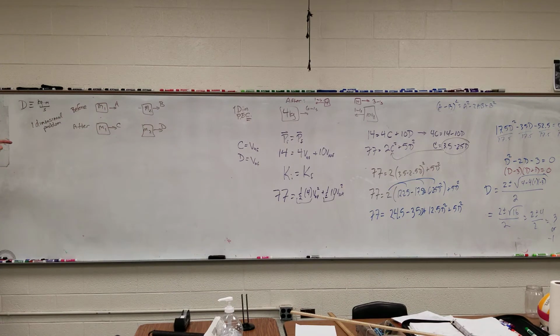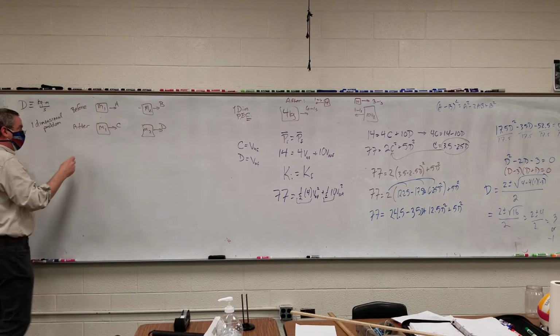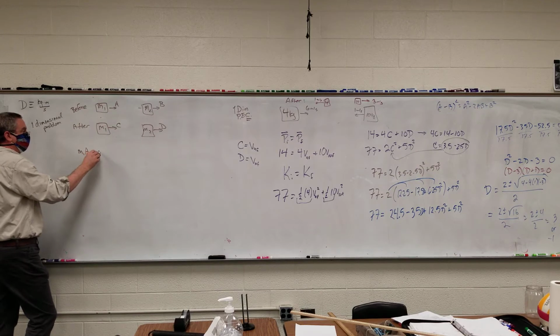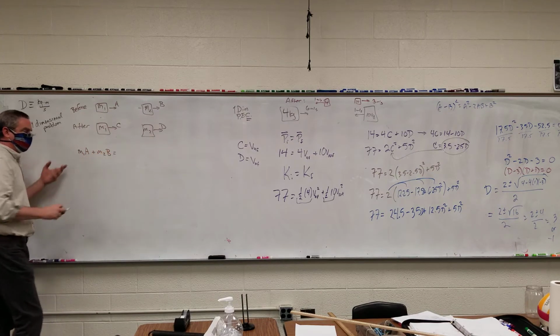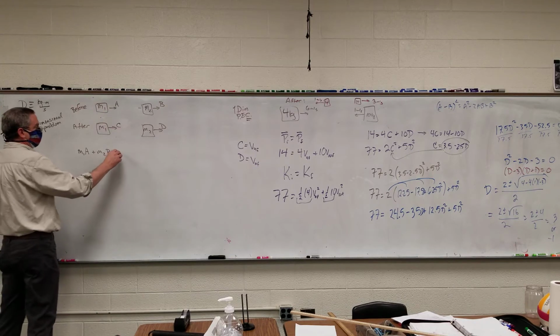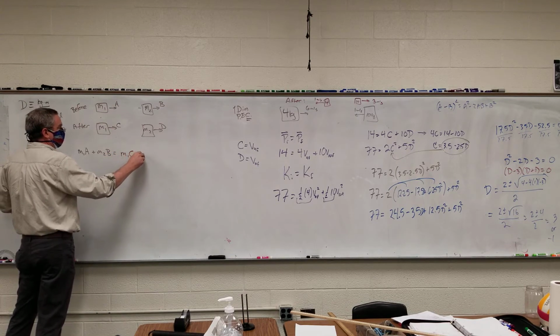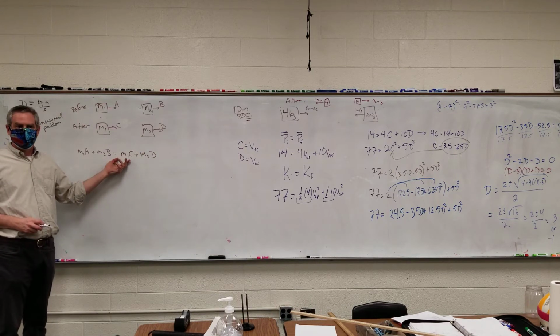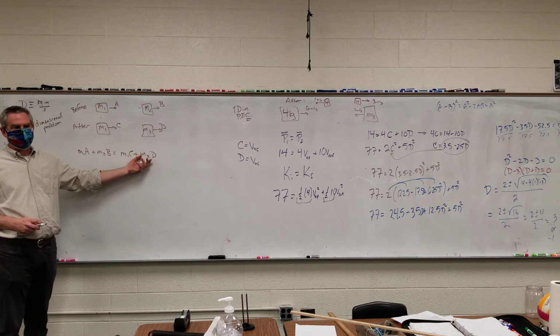This is why I chose C and D before. Momentum is conserved, and so I know that M1A plus M2B, that's mass times velocity of the first one plus the second one, is M1C plus M2D. Final momentum of the first one plus final momentum of the second one.